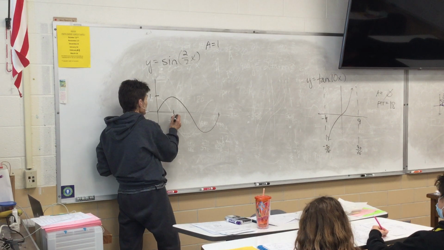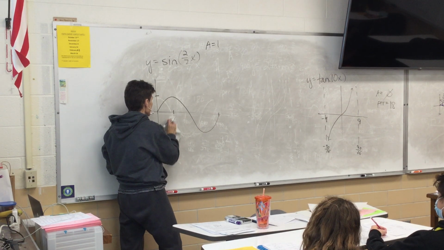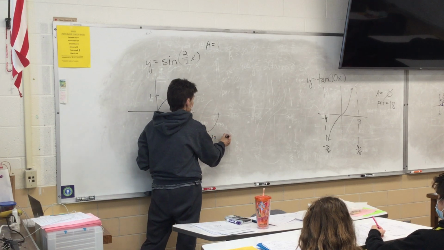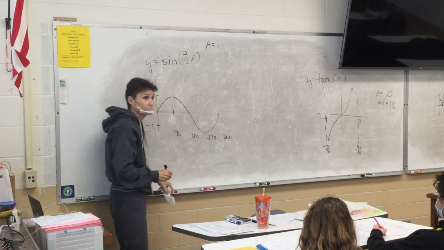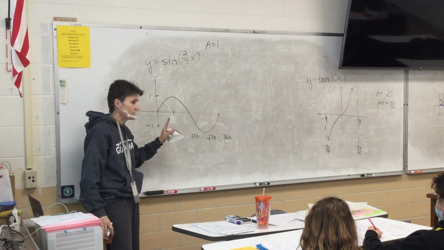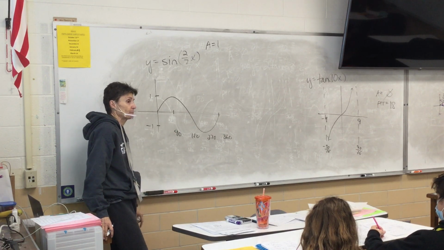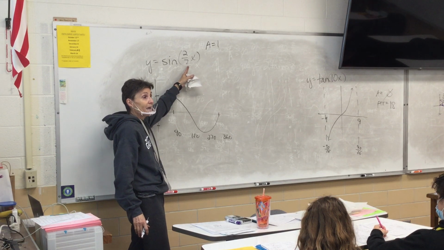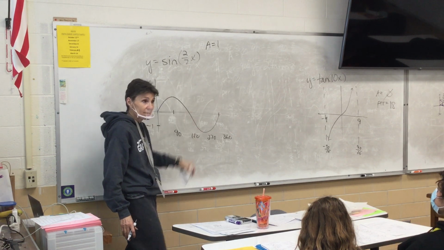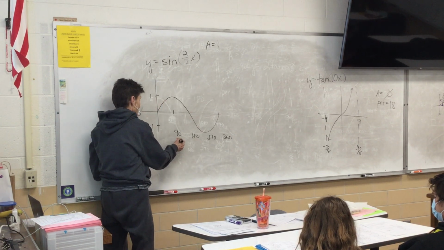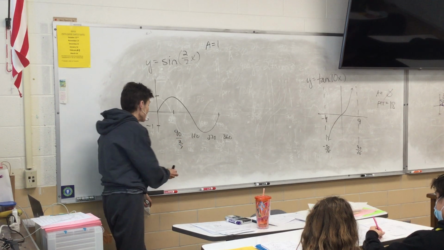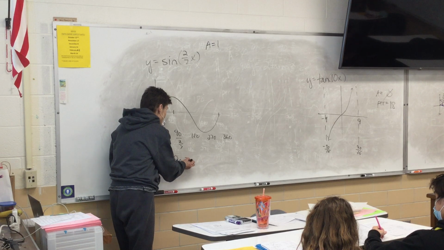These labels are supposed to be 90, 180, 270, and 360. Agreed? Every time. That's what a sine is, and a cosine. But what's happened? We've divided by 2/7. Okay, that's yucky. That's going to be 90 times 7/2.